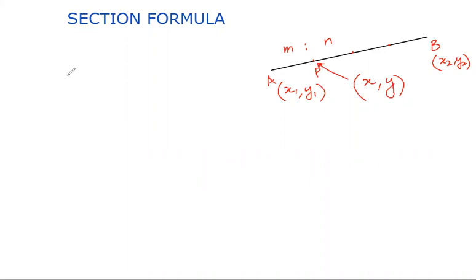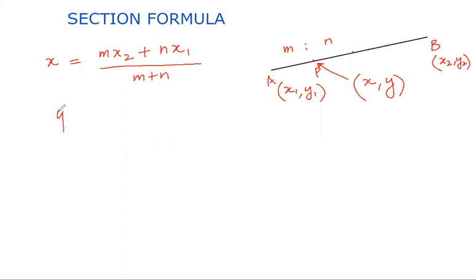According to the section formula, the abscissa of point P, that is the x coordinate of point P, would be m x2 plus n x1 divided by m plus n.